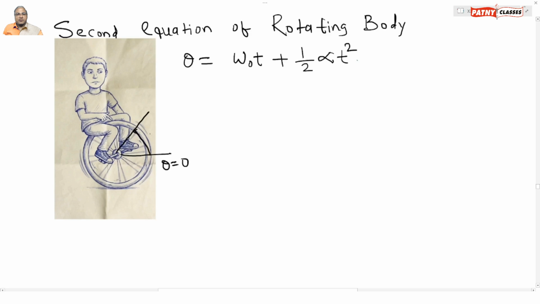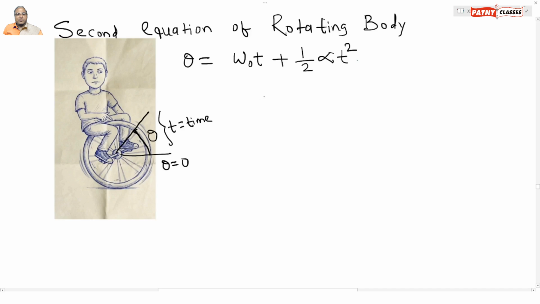So the wheel is moving through angle theta in time t, from theta equals 0 to another angle theta. This is a basic assumption for deriving this equation.